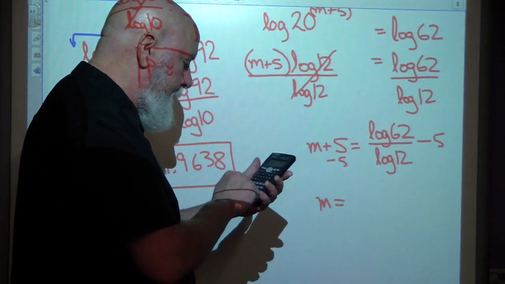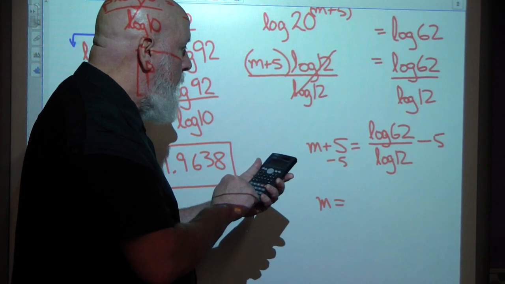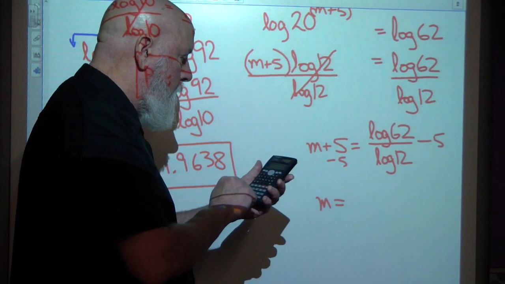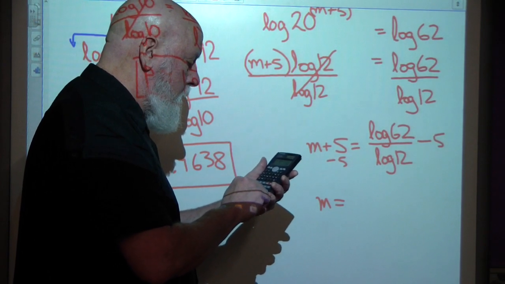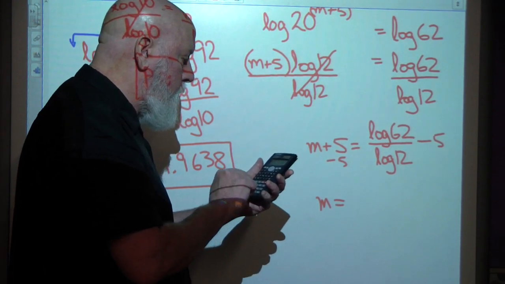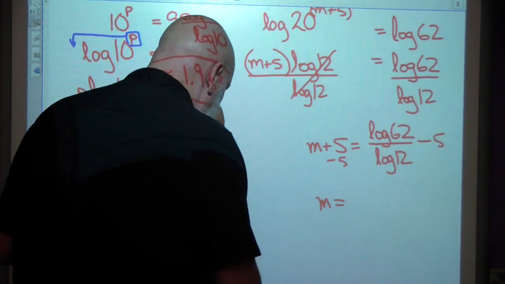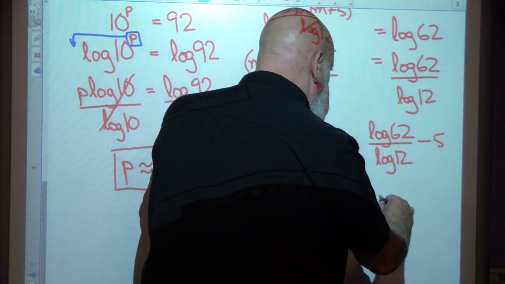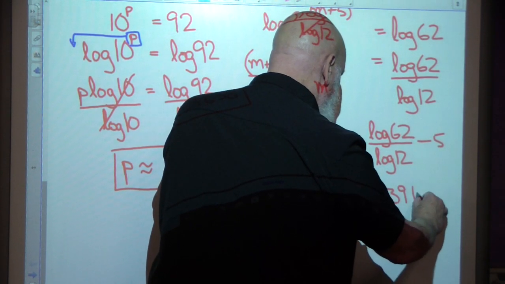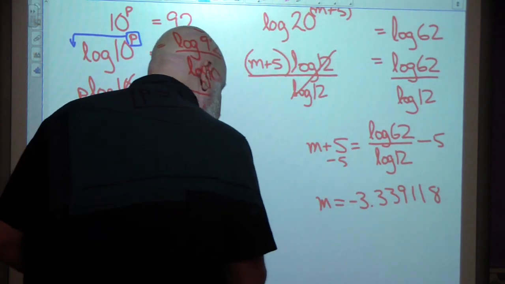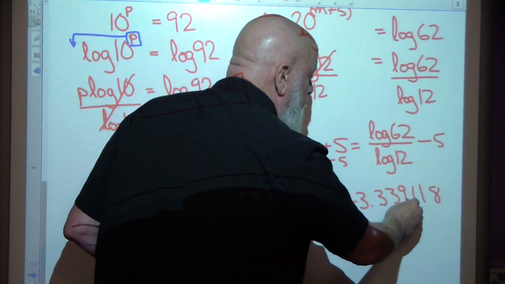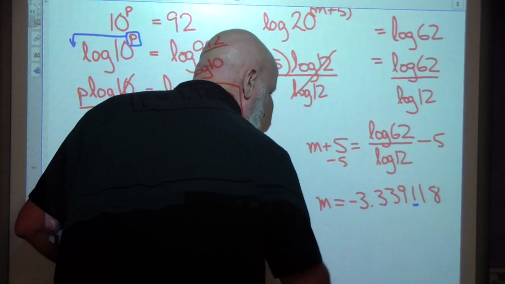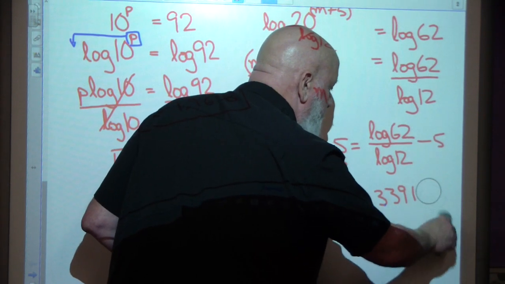So it'll be log 62 divided by log 12 minus 5 equals, I got negative 3.3391118, blah, blah, blah. Then I want to round it to the 4th decimal place, 1, 2, 3, 4. Since this is a 1, that won't round up. And so this will be my answer.